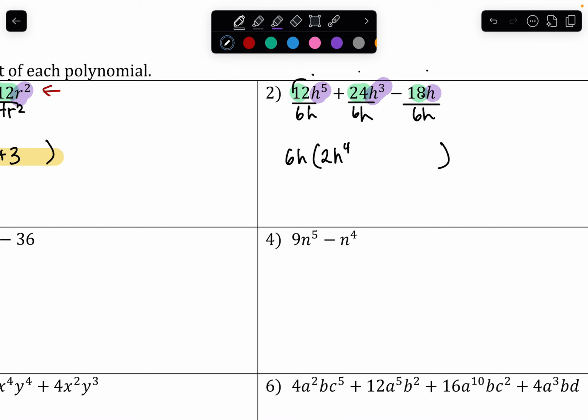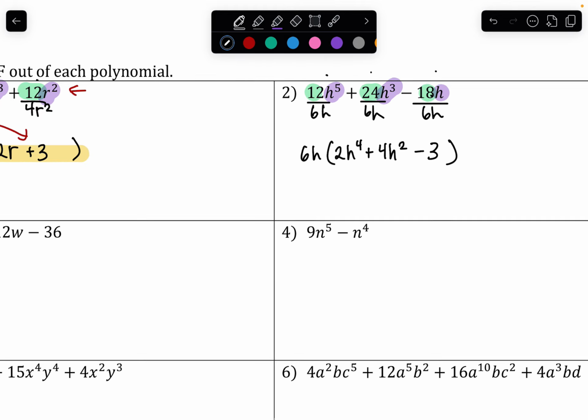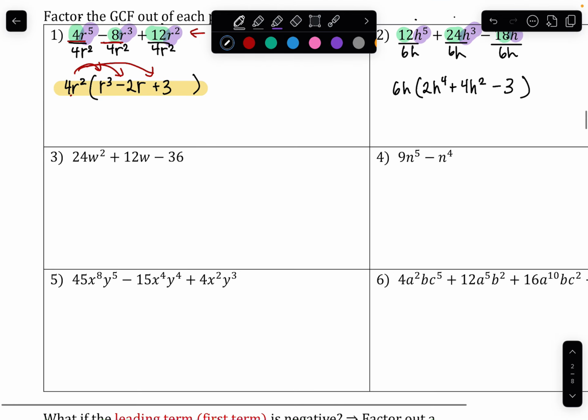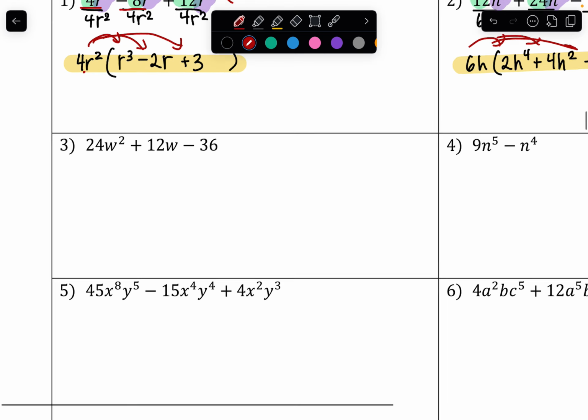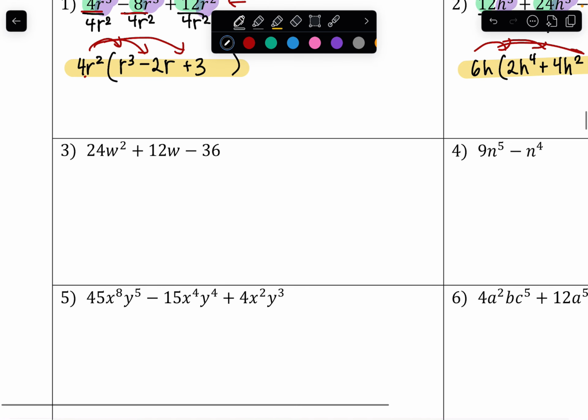Remember, you're dividing the coefficients, subtracting exponents, plus 4h squared minus 3. Okay, and then again, check your work by distributing this 6h back to all 3 terms and see if you get your original expression.